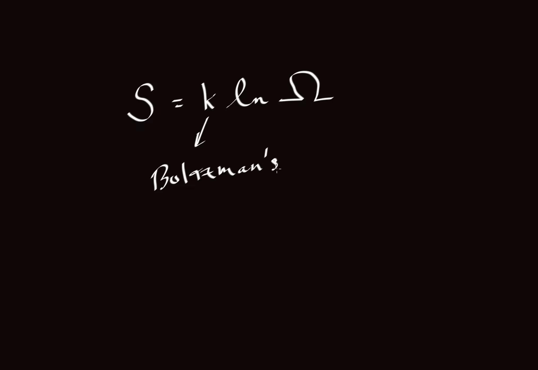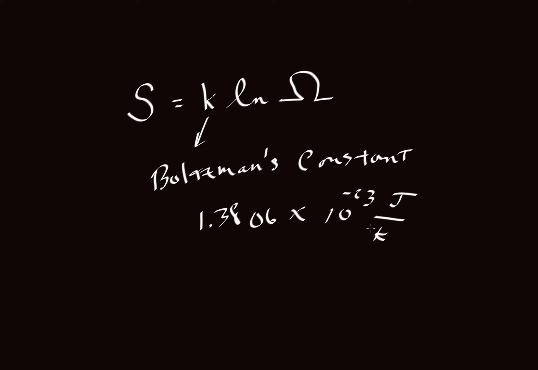That's a k there, for Boltzmann, and that's Boltzmann's constant. It's not a large number, it's a very small number: 1.3806 times 10 to the minus 23 joules per Kelvin. So that is the proportionality constant that equates entropy, this thing here, with this fellow here, omega.